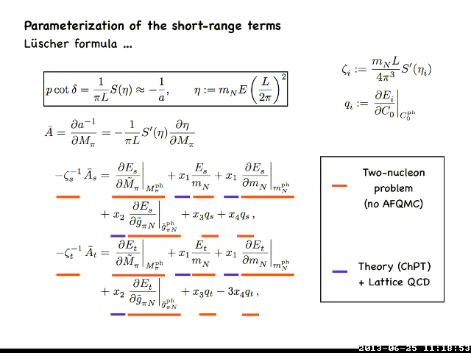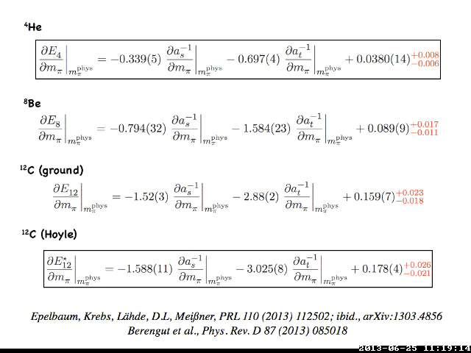What we need in the end are estimates of how the scattering length in the S wave depends on the pion mass.